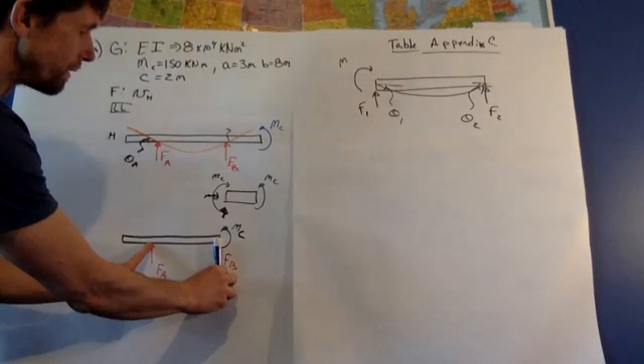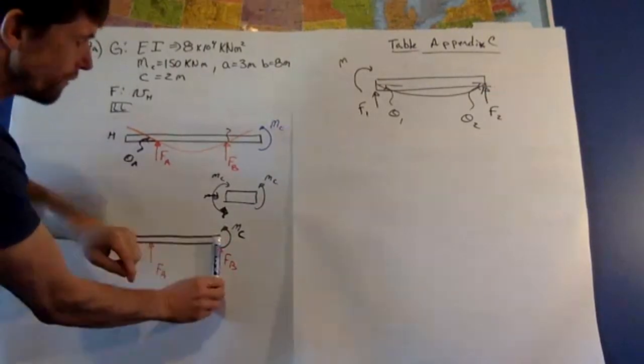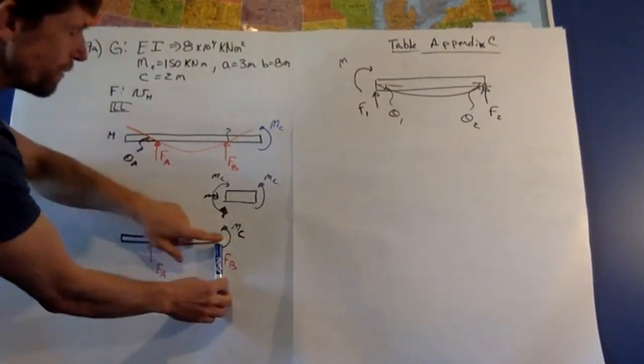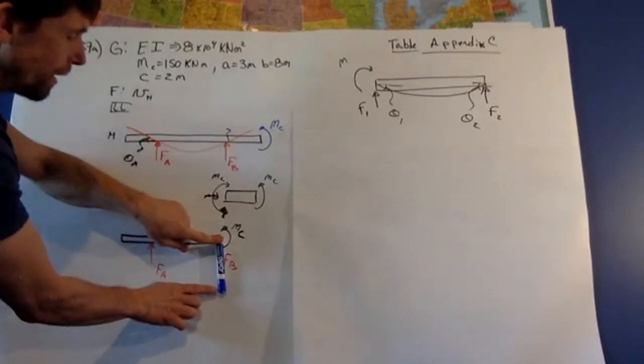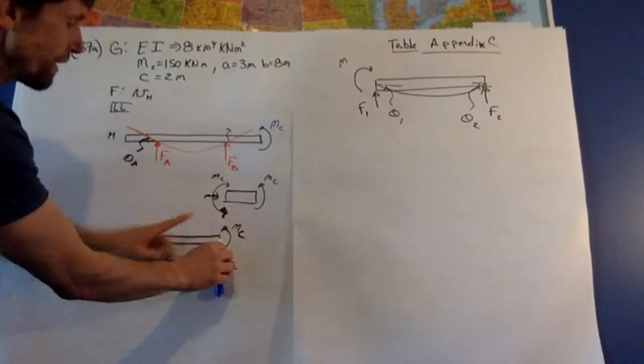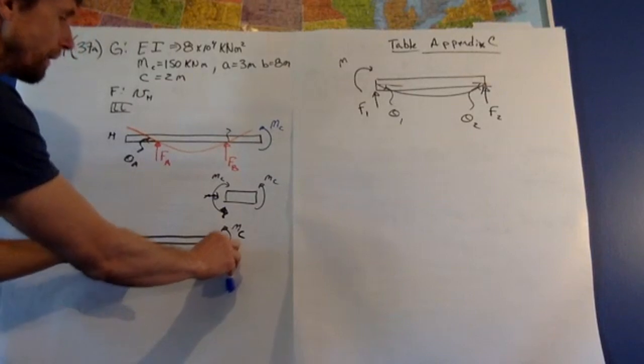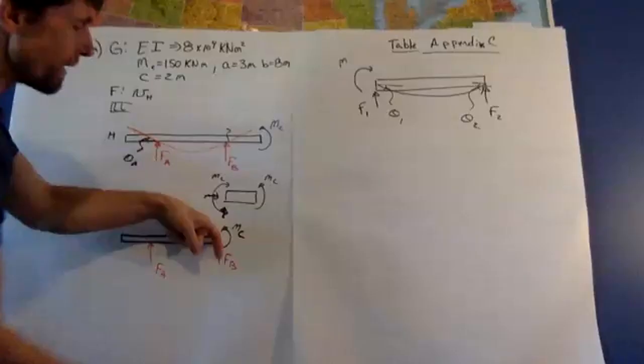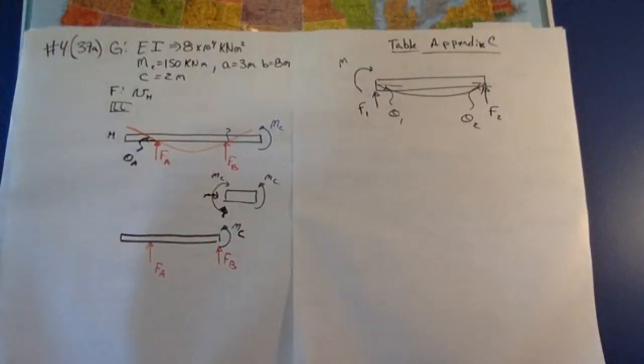Marker is my wrench, and I push this way, it's going to create a moment this way, and if this is on a pin, that's going to lift that up, right? So I need something to hold it down. That force. Does that make sense?